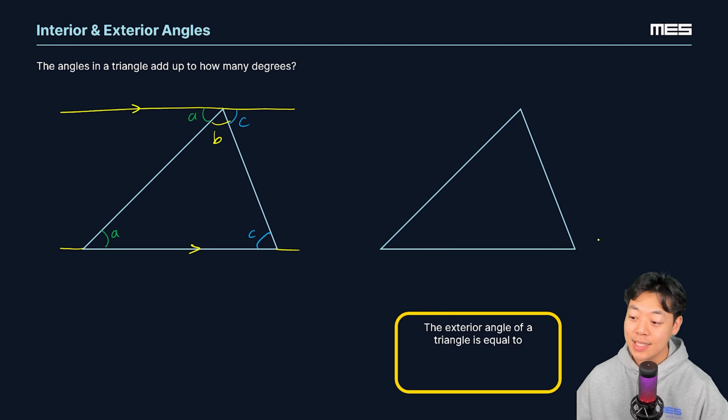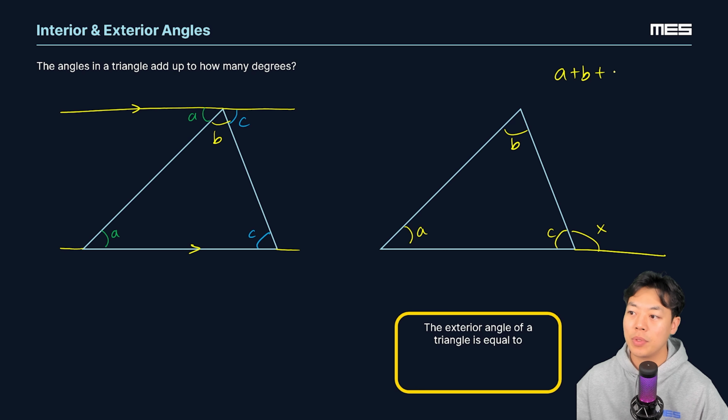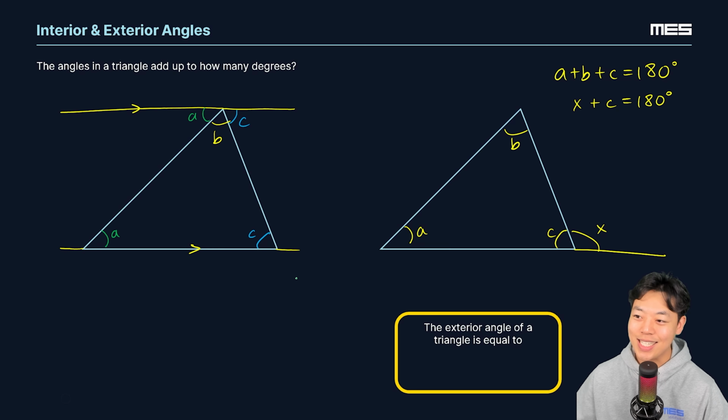Now, for exterior angles, let's take this exterior angle right here and call this X. Well, X plus some C is going to equal 180 degrees. But we also know that if we have some A and B, A plus B plus C is also equal to 180 degrees. So if we wrote these two equations down, A plus B plus C is equal to 180 degrees, and we also know that X plus C is equal to 180 degrees, what do you notice?